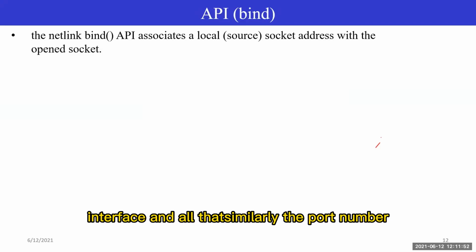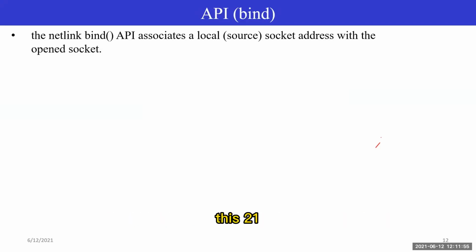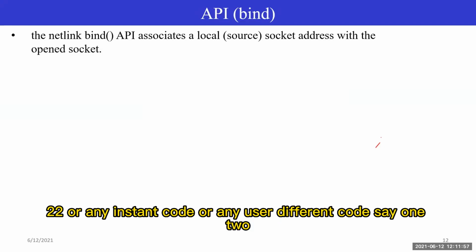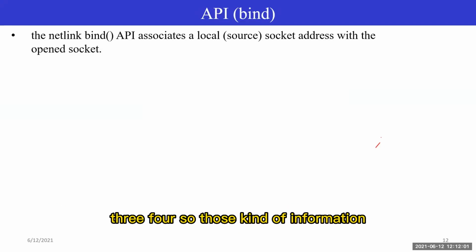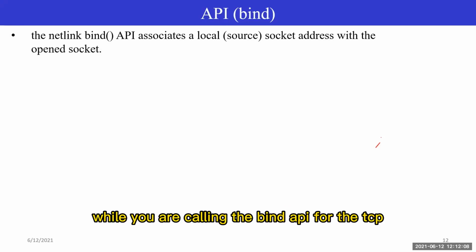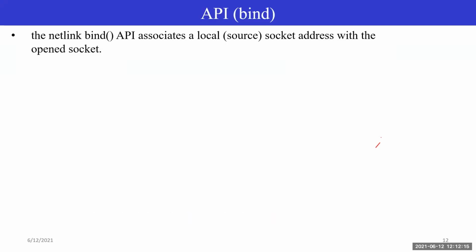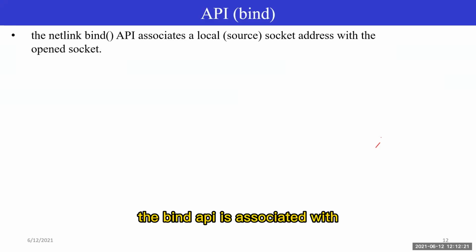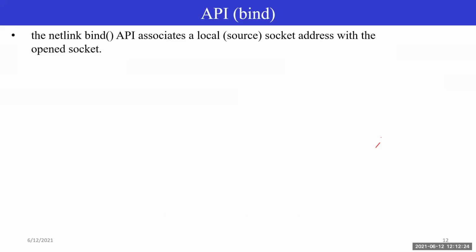Similarly, the port number, it is 21, 22, or any standard code or any user defined code, say 1, 2, 3, 4. So those kinds of information need to be provided while you are calling the bind API for the TCP socket or the UDP socket. Similarly, in Netlink also, the bind API is associated with a socket address.